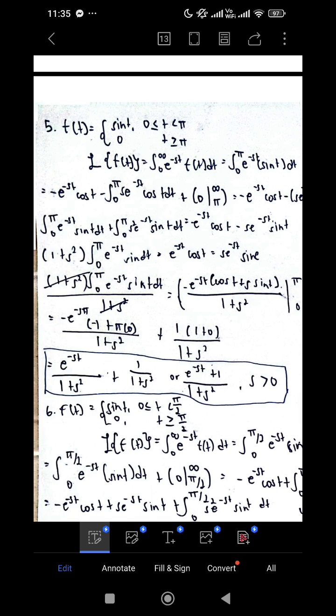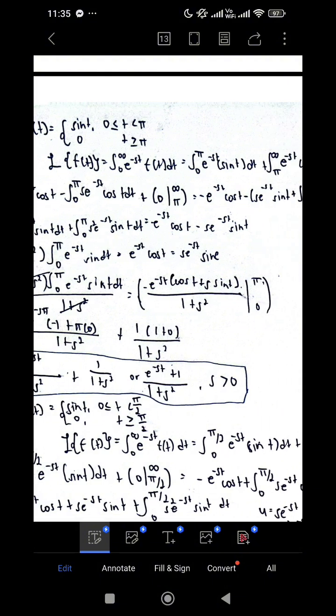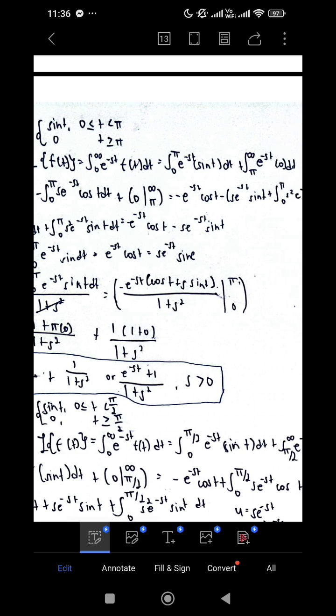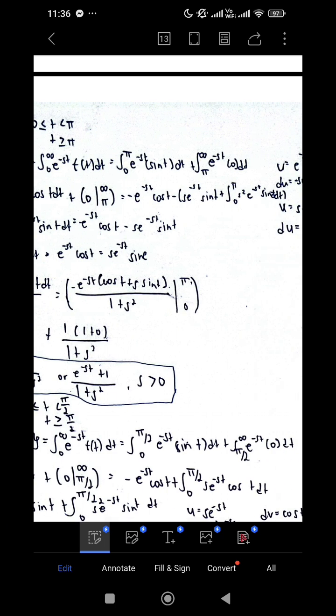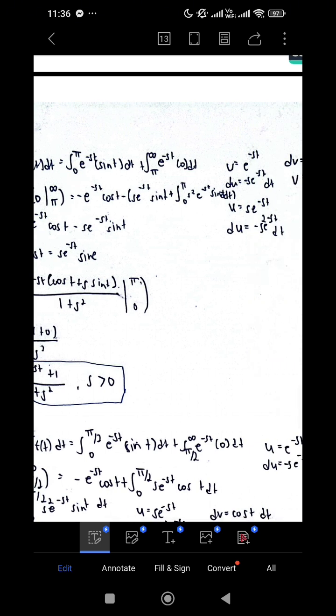Then negative e raised to negative st cosine t minus s e raised to negative st sine t, with limits 0 to pi, plus 0 with infinity and pi, is equal to negative e raised to negative st cosine t minus s e raised to negative st sine t, plus the integral from 0 to pi of s squared e raised to negative st sine t dt.